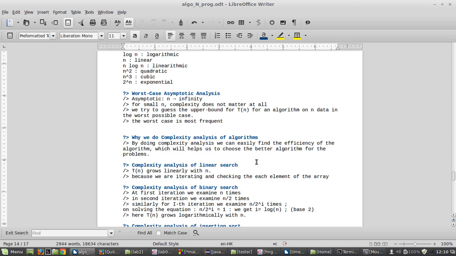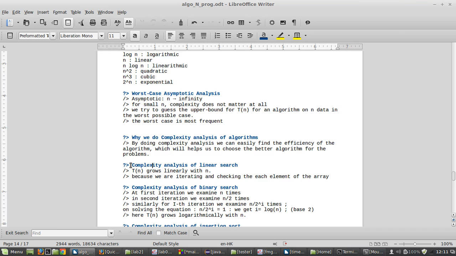So in linear search, as you know, we are looping linearly, n times. Looping n times means the size of the problem is just n. If you remember, there is a for loop, and we are looping from index equals 1 to n.